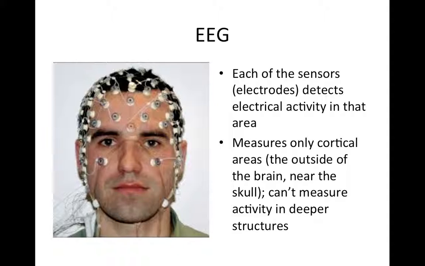These electrodes, these sensors, are placed all over your head in very specialized, sort of rigid locations. There's an array of electrodes, and they're placed in particular locations relative to things like your nose and your eyes and so on and so forth. So this detects electrical activity in the area nearby that electrode.